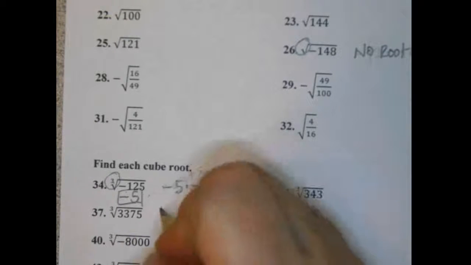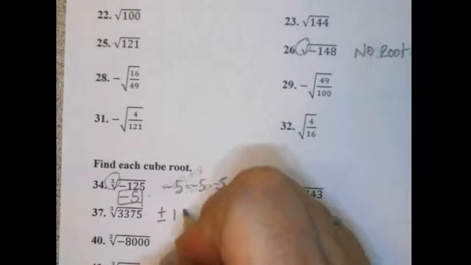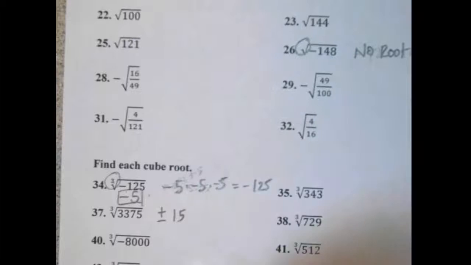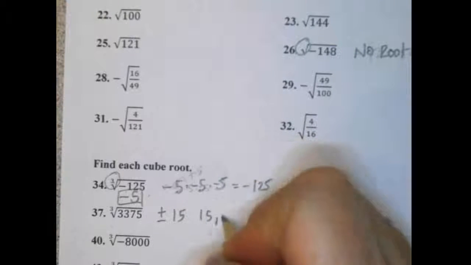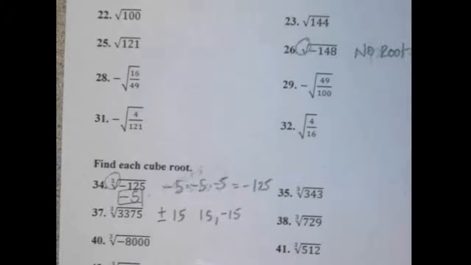It's going to be plus or minus 15. Or you can say 15 and negative 15. But it's either one of these two numbers. It's not just 15. Is it? Am I right? Think about it.